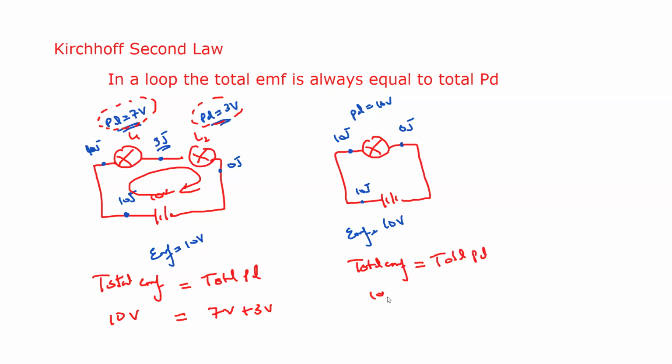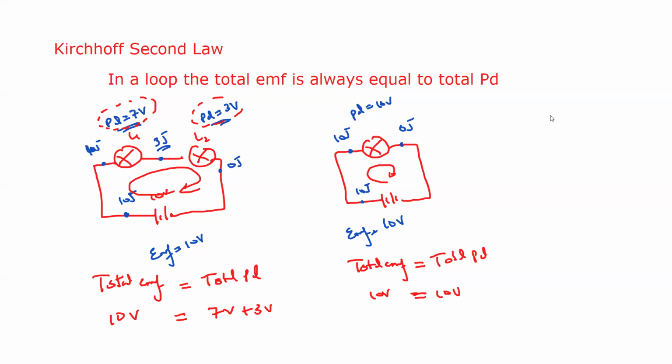So the total EMF is 10 and the total potential difference is also 10. So it is irrespective of the number of components in a loop. We may have 100 components in the loop, but the total potential difference will always be equal to the total EMF in one loop.